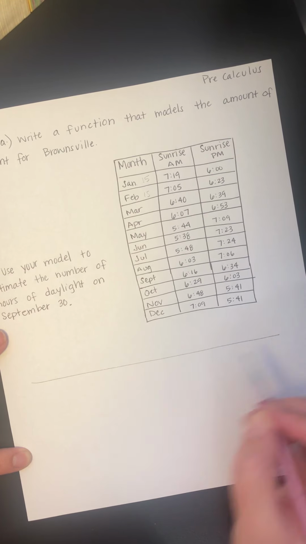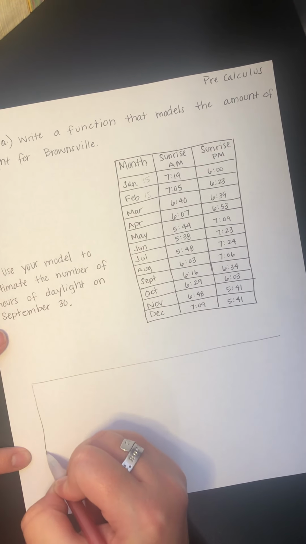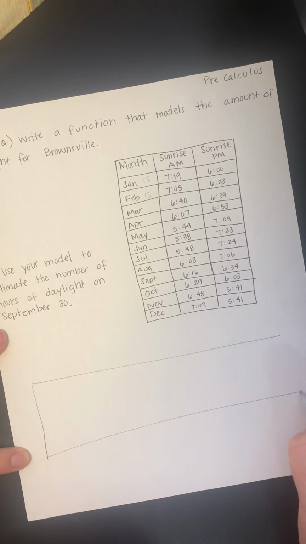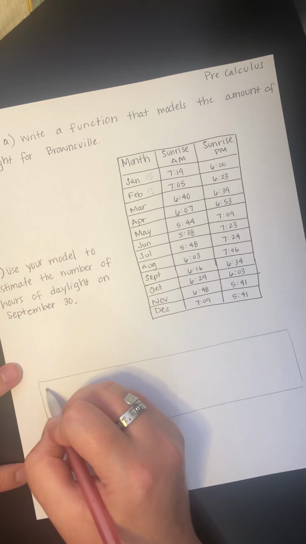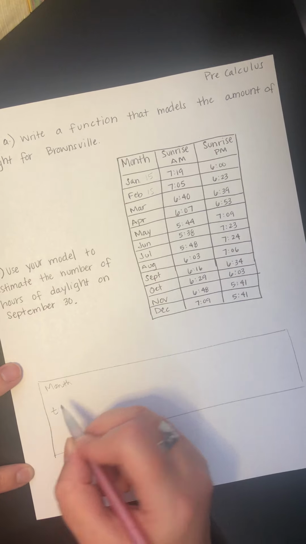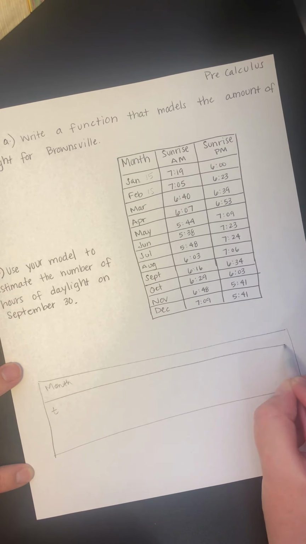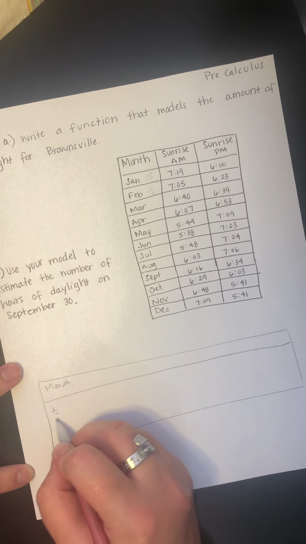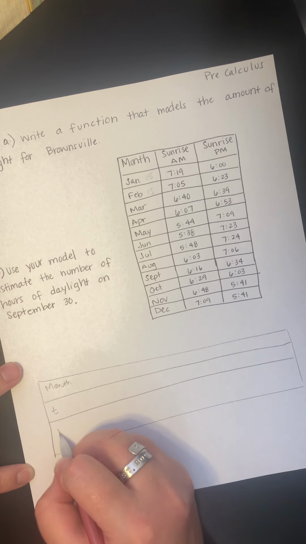So I'm going to use this, see if I can fit it all on here. We have the month, T, which in this case is just the number of the month, and the hours of daylight.